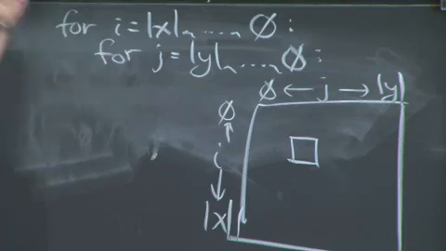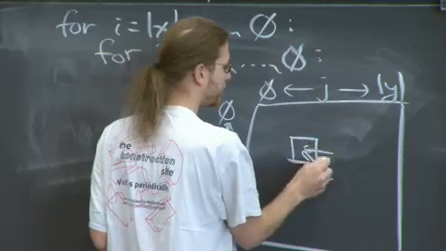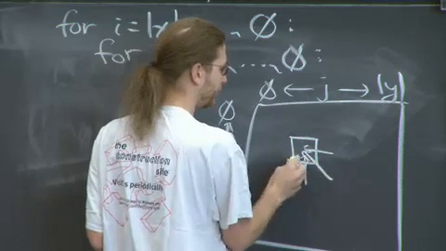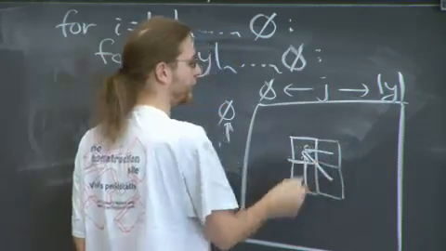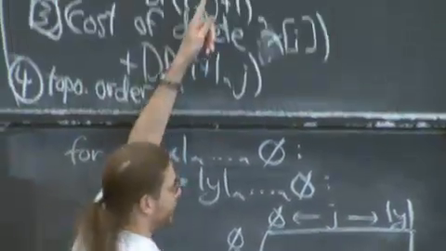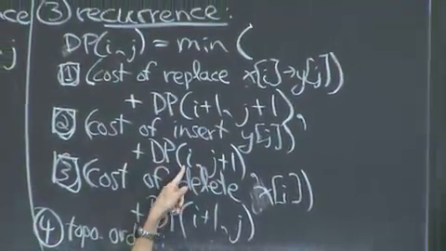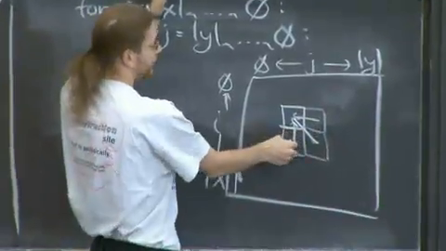That's one of our subproblems, dp of ij. And it depends on these three adjacent cells. Okay, the edges are like this. If you look at it, we have to check I plus 1, j plus 1, that's this guy. We have to check I, j plus 1, that's this guy. We have to check I plus 1, j, that's this guy.